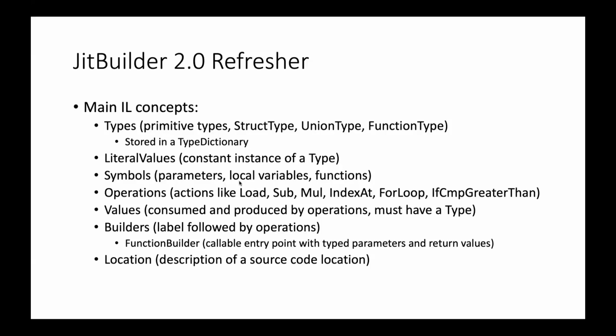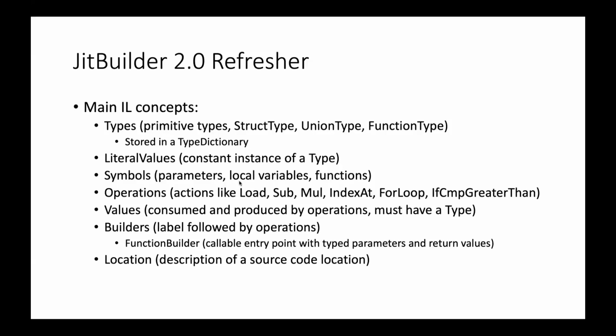So, I'll use the term loosely, formalizing the JitBuilder API into an IL. It has these basic parts to it. There are types, as there are in the JitBuilder API. So a bit of primitive types, a thing called a struct type, a union type, and a new thing called a function type. So functions become a more first-class citizen of the type system in JitBuilder 2.